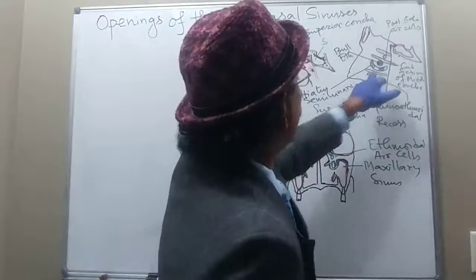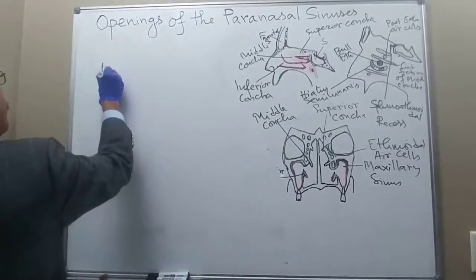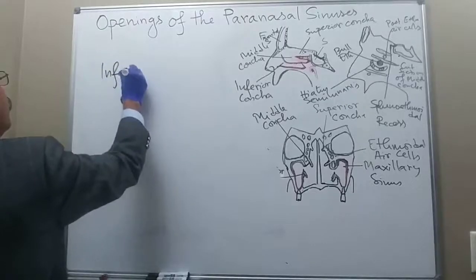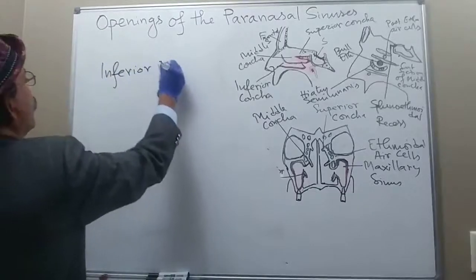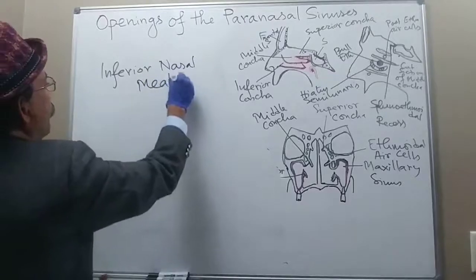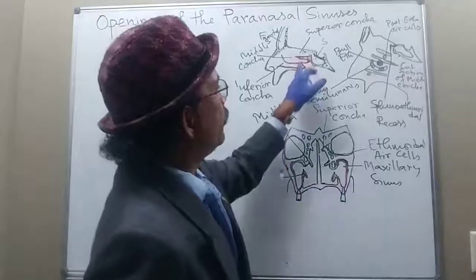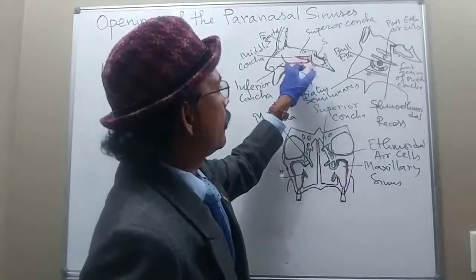The inferior nasal meatus, that is underneath the inferior nasal concha.